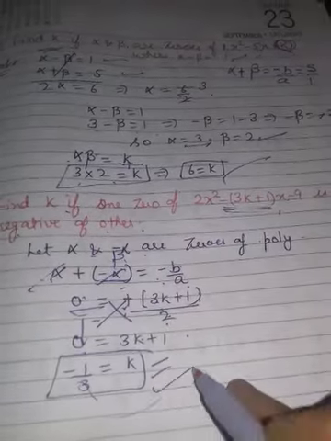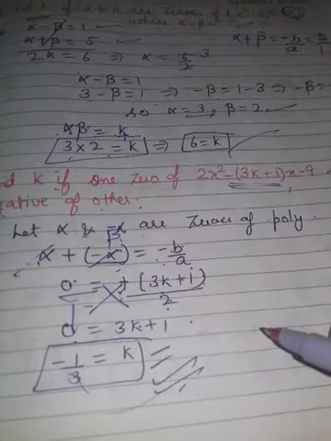So after solving you will get k is equal to minus 1 by 3.